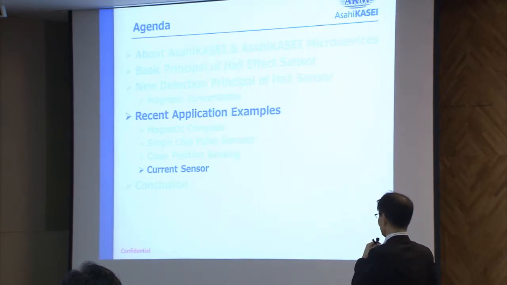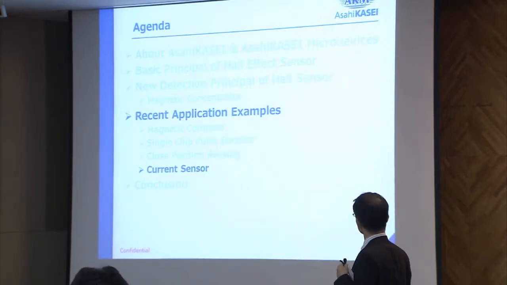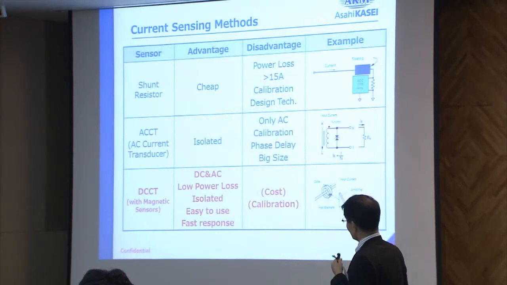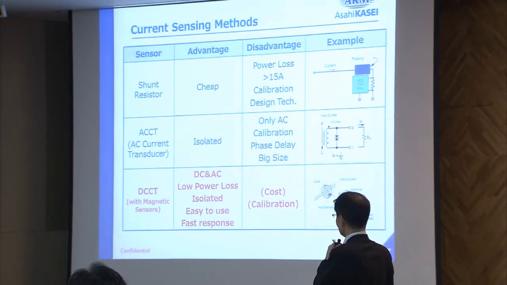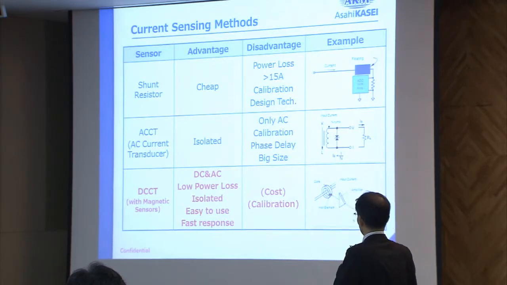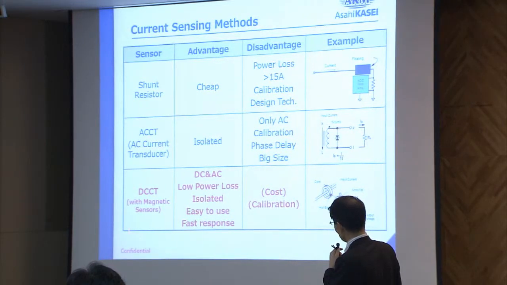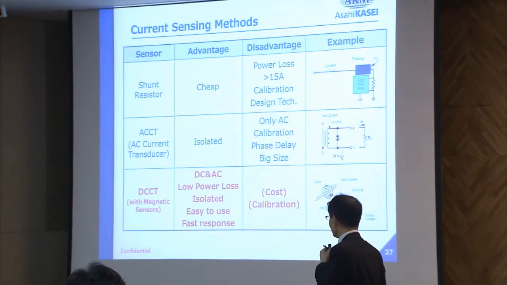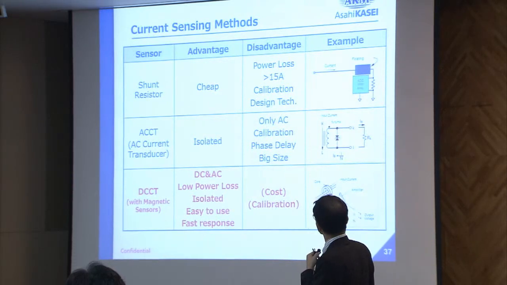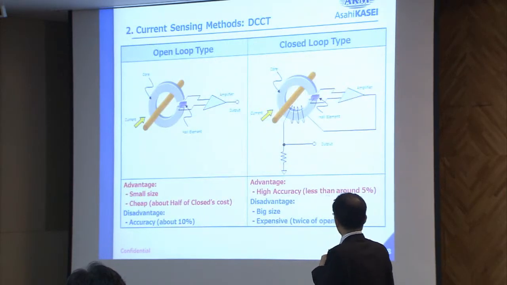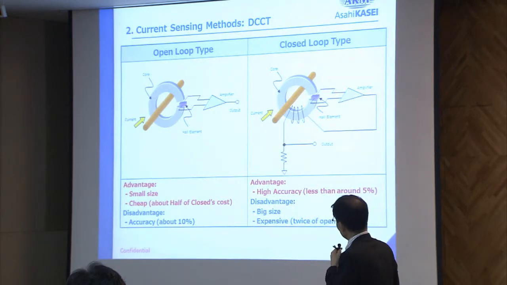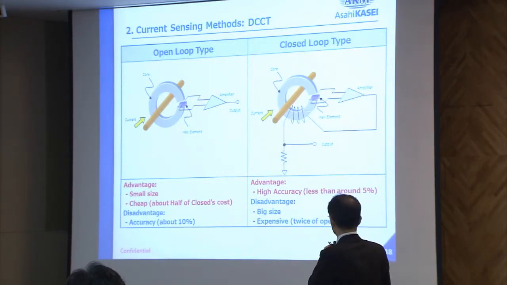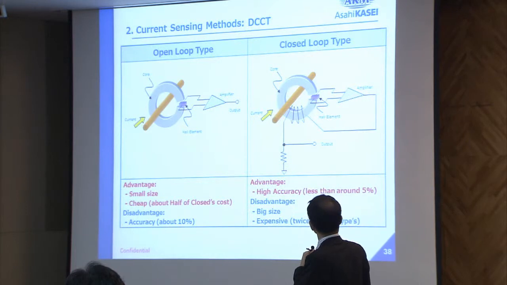So the last application is the current sensor. There are 3 sensing methods, and we are taking DCCT from a cost point of view. And in DCCT, there are 2 types. One is the open loop type, and another is the closed loop type.